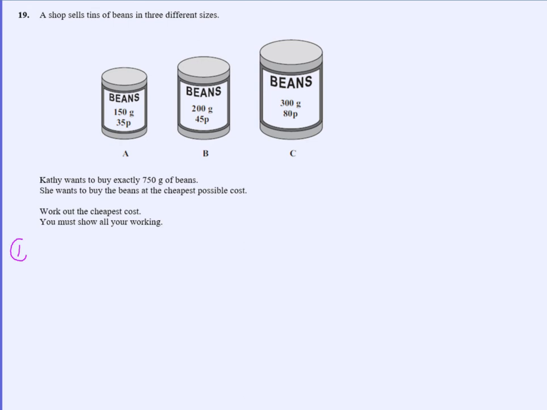So option 1 would be 5 lots of A, which is 35 pence multiplied by the 5 lots, and that gives us 175 pence, or £1.75.